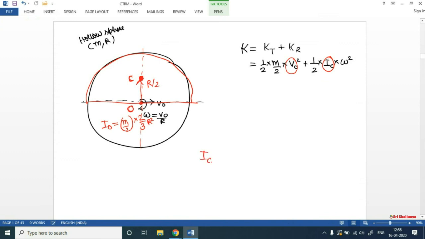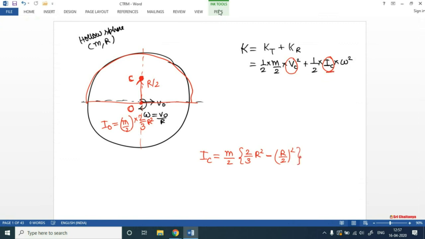So Ic is going to be m by 2, its mass, times 2 by 3 r square, which is the moment of inertia about O. So about the center of mass we need to subtract m by 2 times r by 2 whole square. So this would be giving this quantity over here.